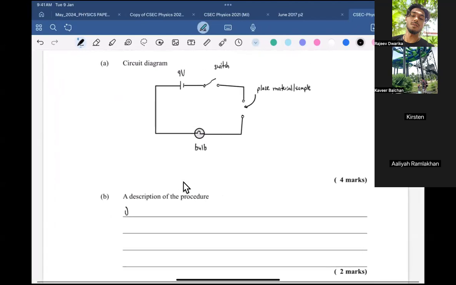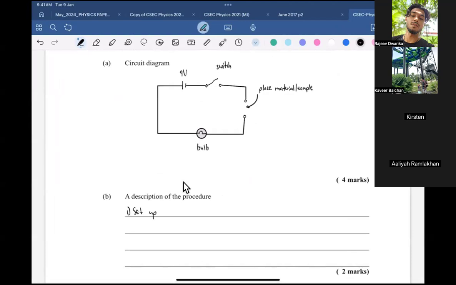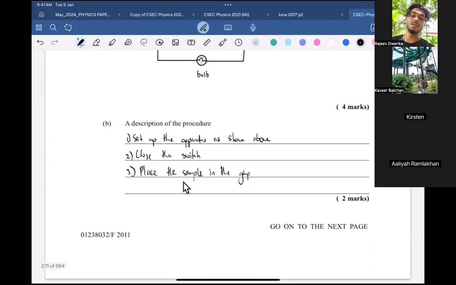Number one, set up the apparatus as shown above, right? Close the switch, place a material or sample in the gap, and record the brightness.